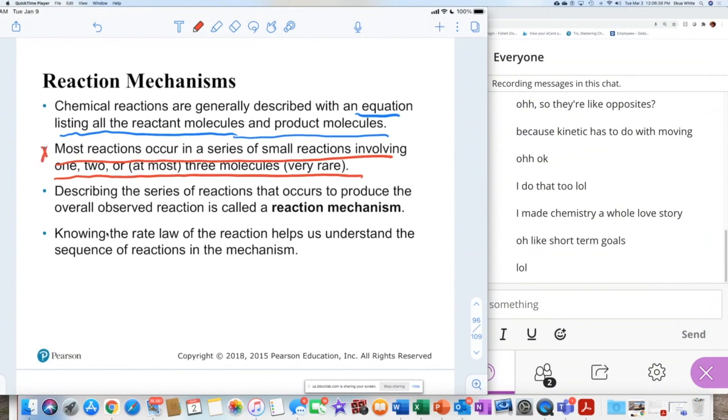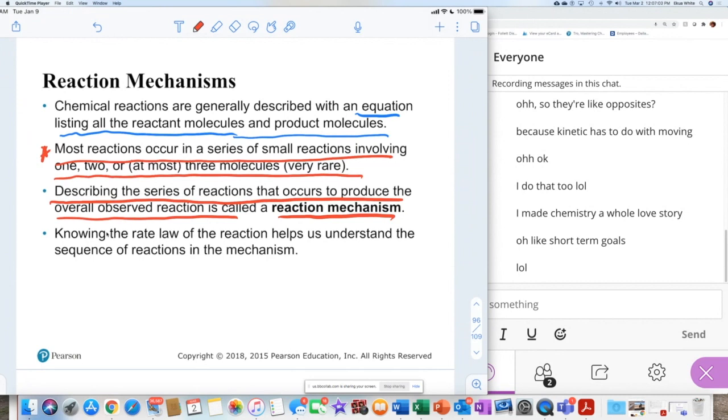It's implied that when we're talking about reaction mechanism, since we're looking at the play by play, we're trying to see what molecules are bumping into each other in the scene that we are examining. Describing the series of reactions that occurs to produce the overall observed reaction is called reaction mechanism.